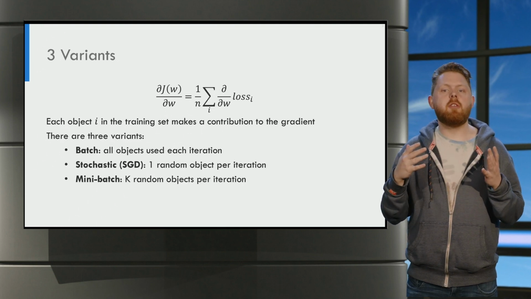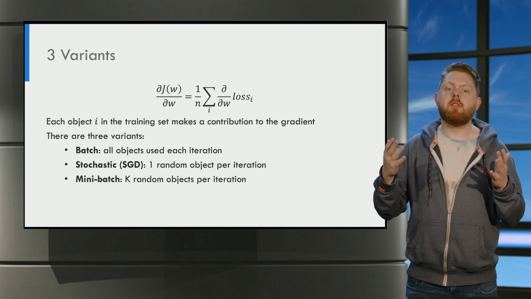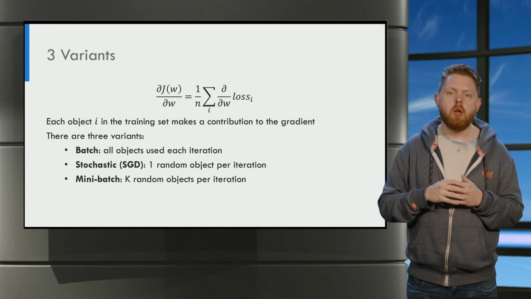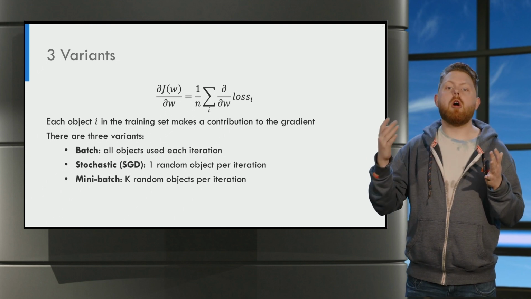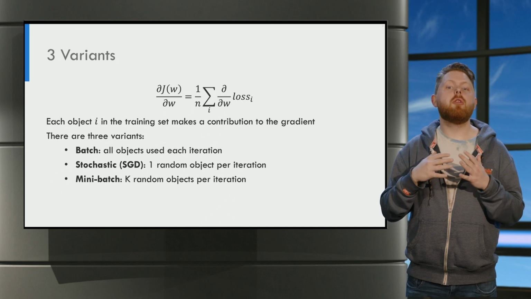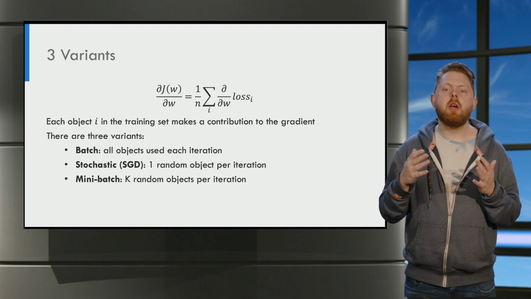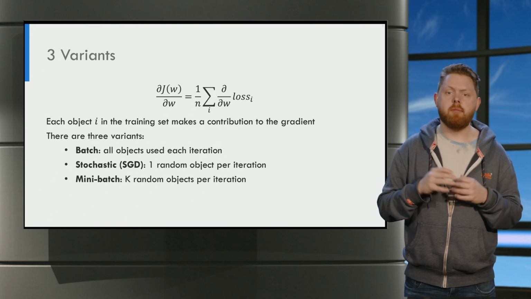In batch gradient descent, that we have seen before, we use all objects in each iteration. So we first compute the whole sum and then we do our update. The opposite extreme is called stochastic gradient descent, which is often abbreviated as SGD.